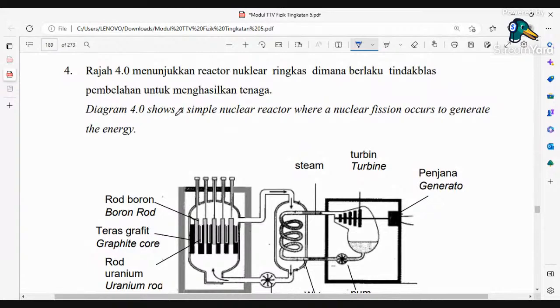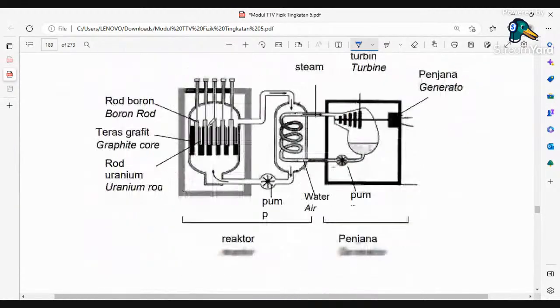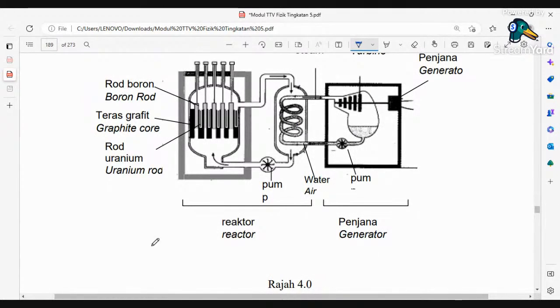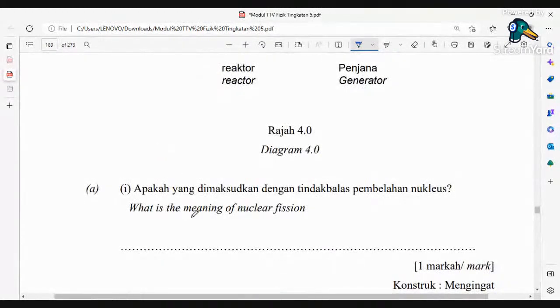Okay, number 4, diagram 4 shows a simple nuclear reactor where nuclear fission occurs to generate energy. So this is a nuclear reactor. What is the meaning of nuclear fission?